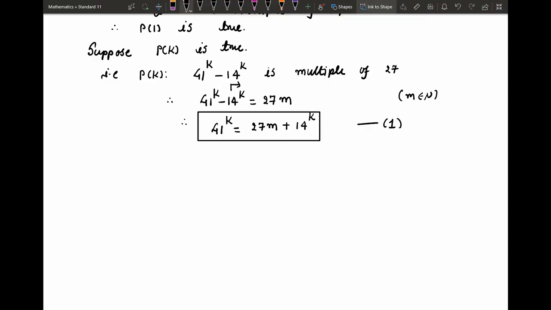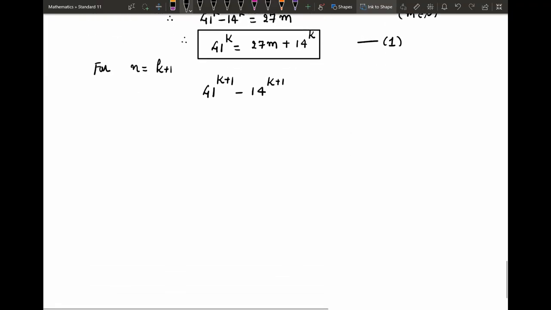Now let us prove the result is true for n equal to k plus 1. So for n equal to k plus 1, 41 raised to k plus 1 minus 14 raised to k plus 1. In the given statement, we have taken n equal to k plus 1.